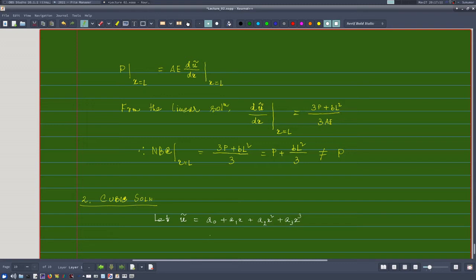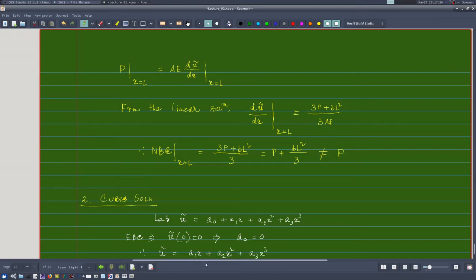And when my essential boundary condition is fulfilled, so my EBC is u tilde at 0 is 0, and therefore my a0 will be 0, just like the earlier case, and hence my u tilde is a1x plus a2x square plus a3x cube.